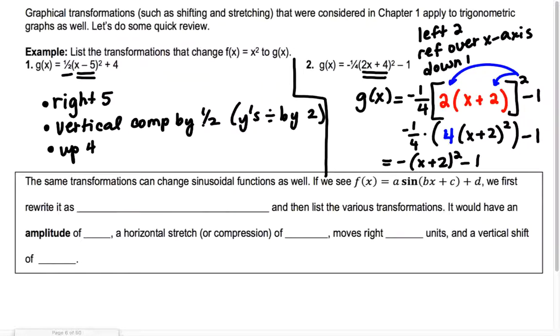So if we have something like this, we first rewrite it. Because do you guys see that we have 2 horizontal transformations? We have this B and this C, right? So we have to rewrite it so it looks like f of x equals A times sine, and then a big parenthesis, b times x plus, what's going to be next to the x plus, if I pull a b out?